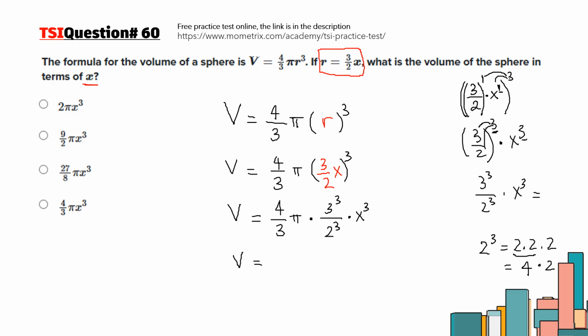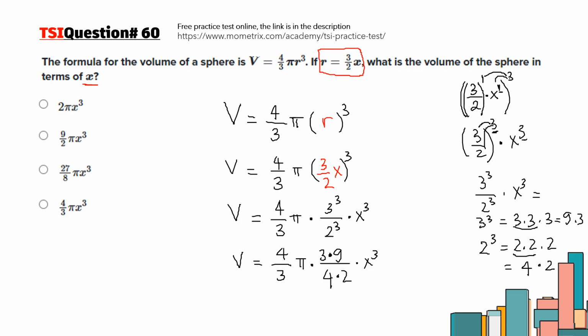So I rewrite this one as 4 over 3 pi times 4 times 2. Now we have 3 cubed, which equals 3 times 3 times 3. 3 times 3 is 9, so this one equals 9 times 3, which is the same thing as 3 cubed, multiplied by x cubed.